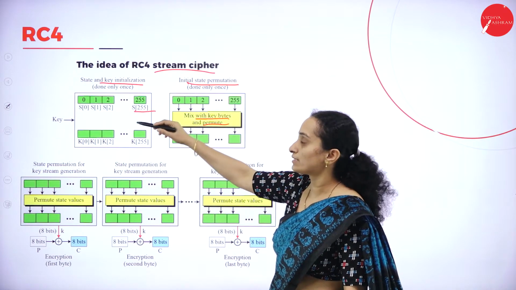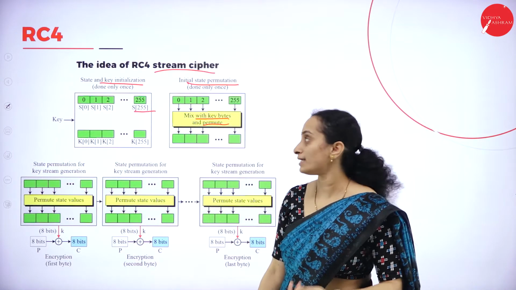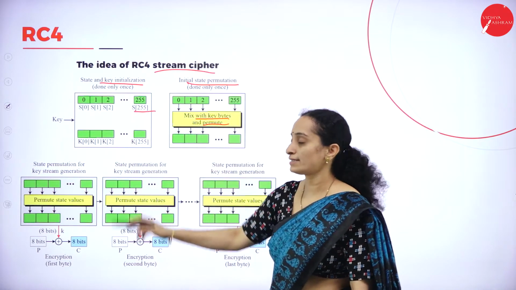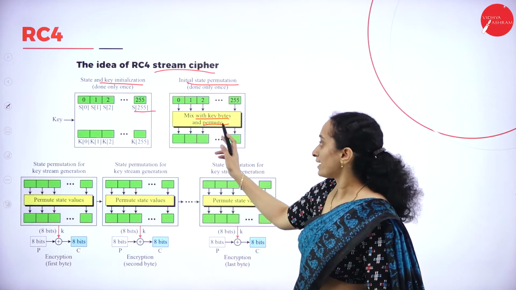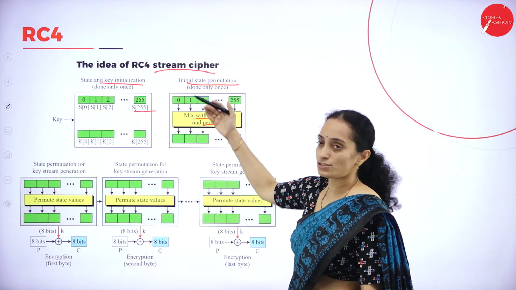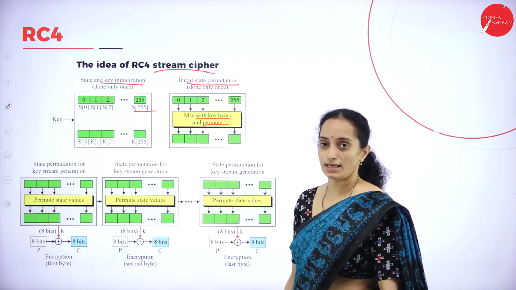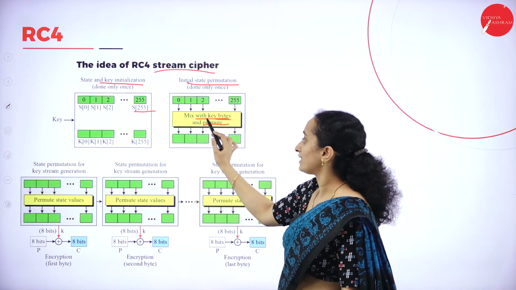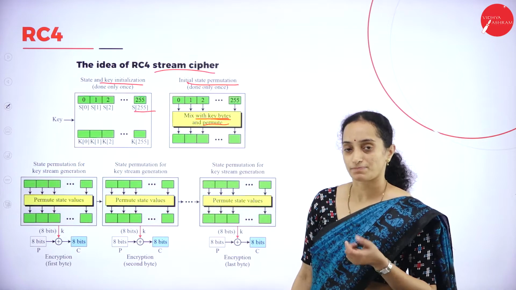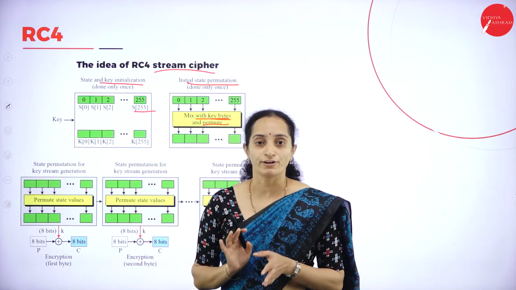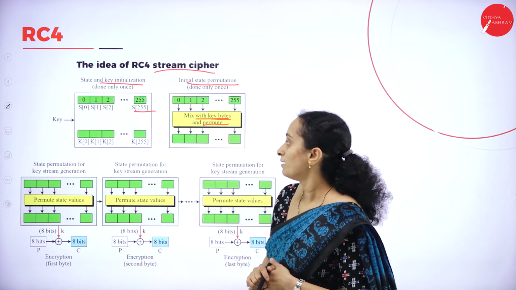We are going to initialize the state and the key in the first step. The second step is combining these two, S and key, text and the key. Both will be mixed and key bytes are permuted, so that there will be shuffling of the bytes in the packet.